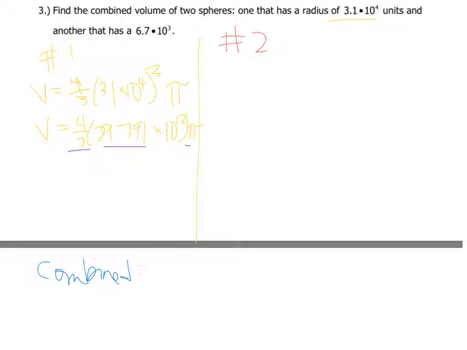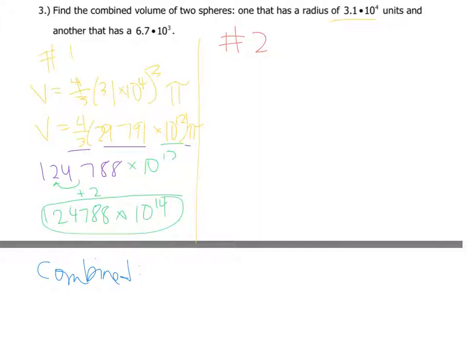All of that becomes approximately 124.788. And then we have 10 to the 12th power. So we need to move this 2 places, so it becomes 1.2. And if we want to make this just 2 decimal places, we can make that 1.25, or you could keep it 1.24788, whichever you prefer, times 10 to the 14th power.